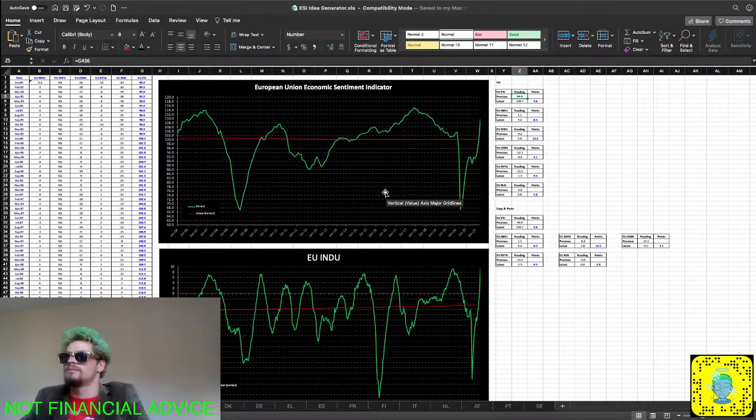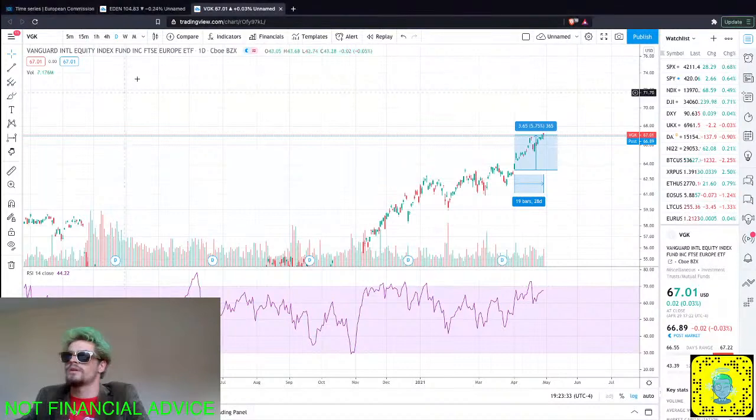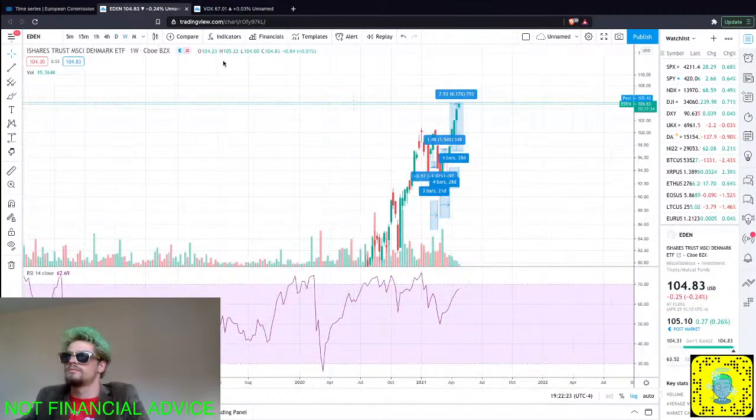And by seeing the same thing in Denmark, this month, it breaking out of this range with even more momentum than the European stock market makes me feel very good about Denmark in particular.